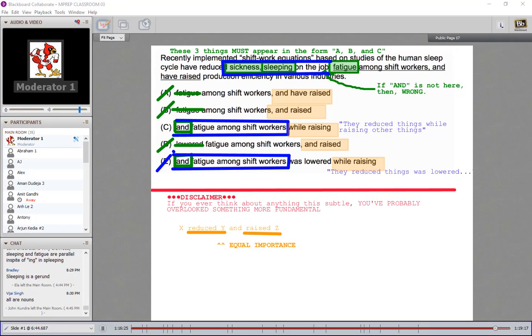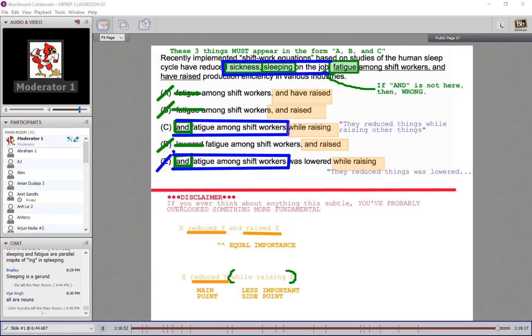Whereas if you have x reduced y while raising z, then that last part's a modifier. By definition, modifiers have lesser importance than the main sentence, which is why they are modifiers. So in this structure, this is the main point, and this is a side point, and it's less important.